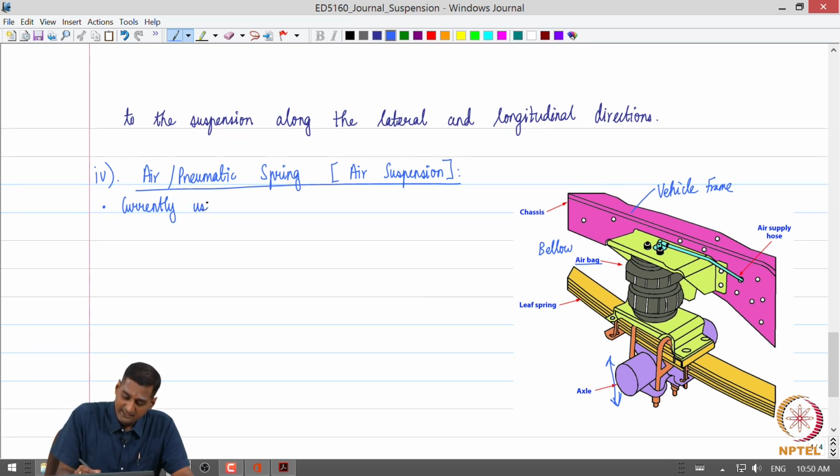Okay. This is very commonly found in trucks and buses, which use the compressibility of air to absorb vibrations.